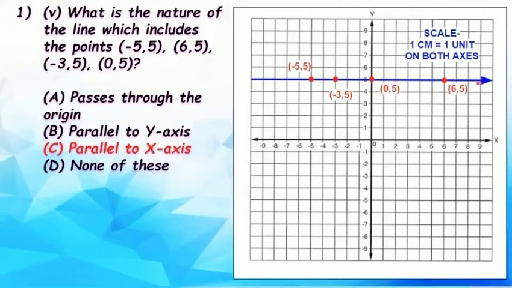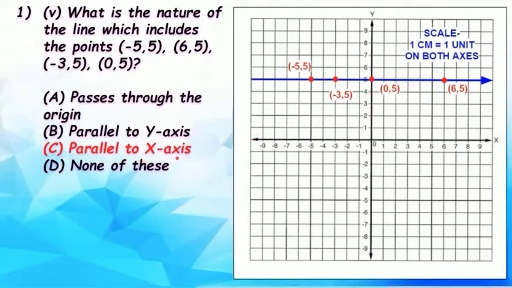We have been asked what is the nature of the line which includes all the points. After drawing this line, you can see clearly that this line which passes through all the 4 given points is parallel to the x-axis. It is perpendicular to the y-axis, whereas it is parallel to the x-axis.